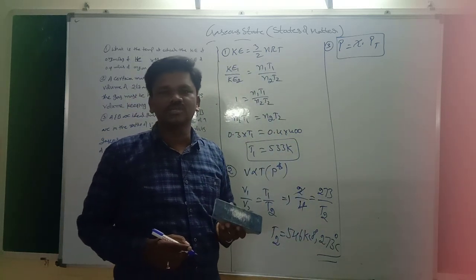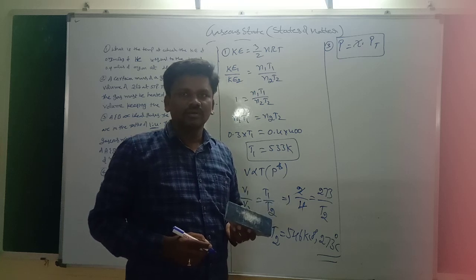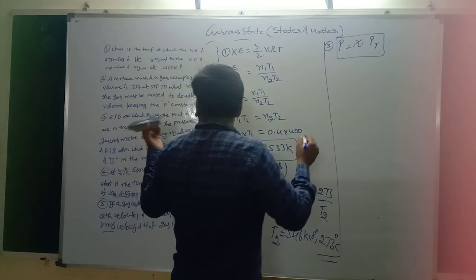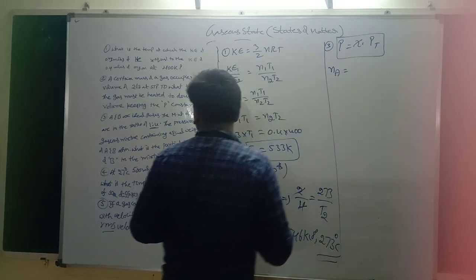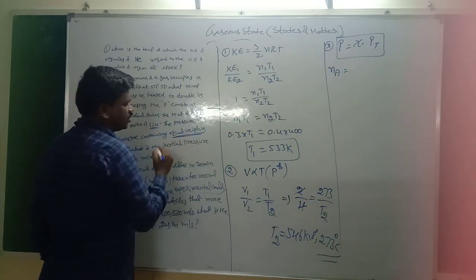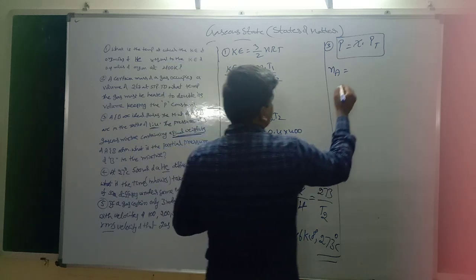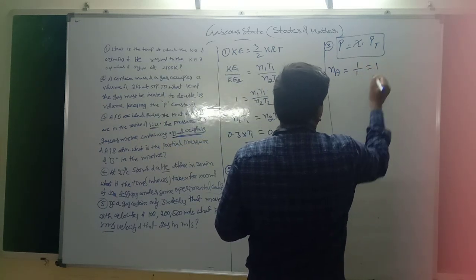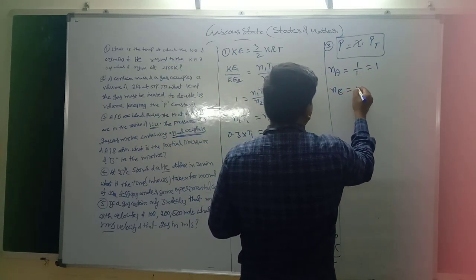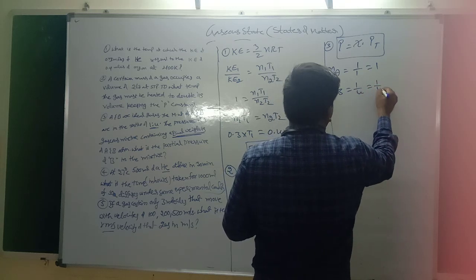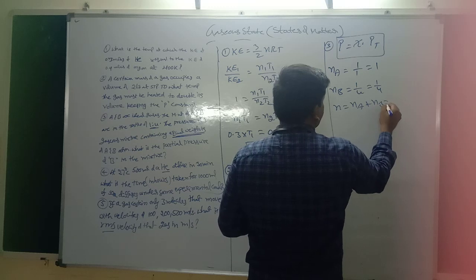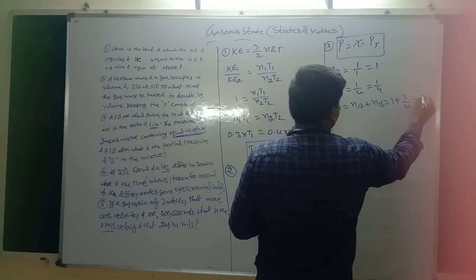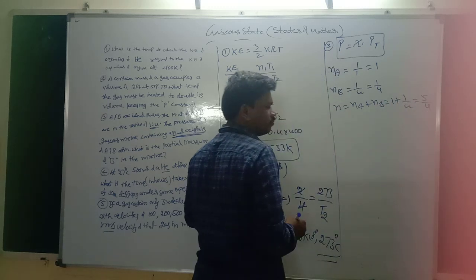Here two components are A and B. Since weights are equal, number of moles of A is 1, and NB is 1 by 4. In total number of moles, NA plus NB equal to 1 plus 1 by 4, that means 5 by 4.